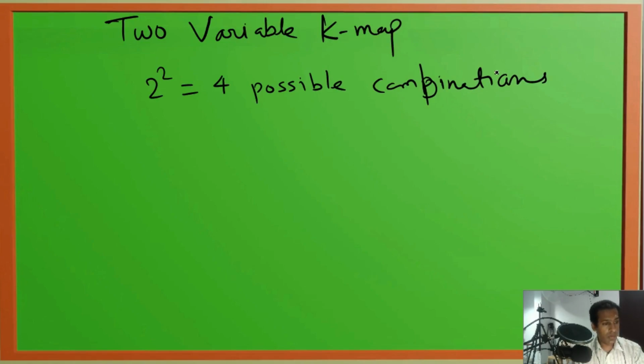So we can have 2 input variables, say A and B. These 2 we will consider as our inputs.